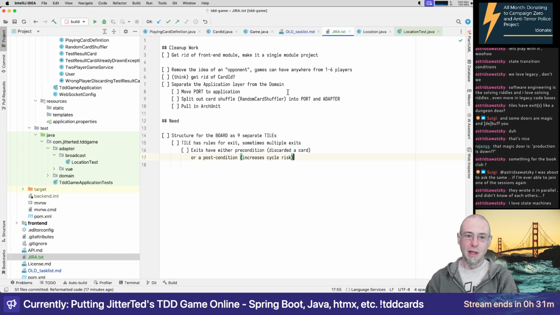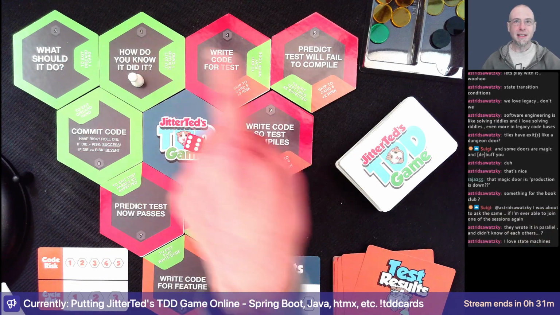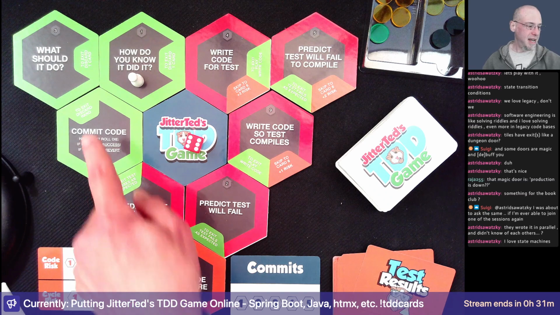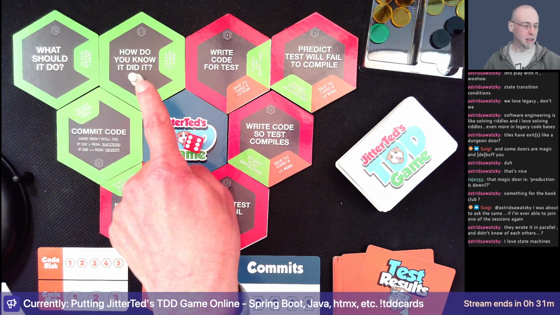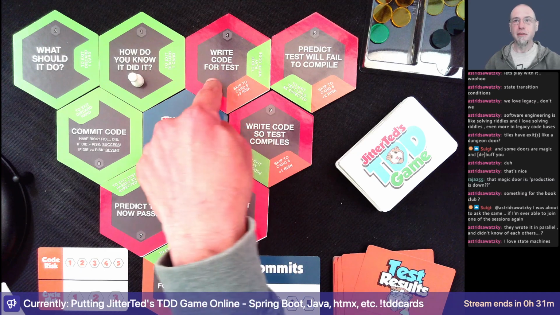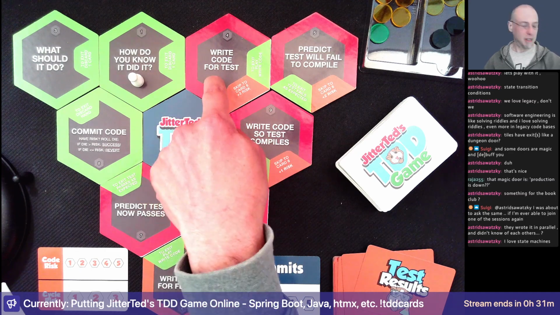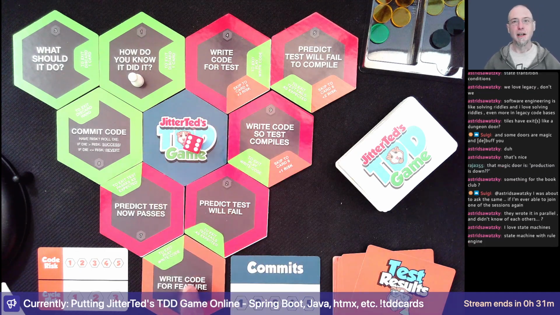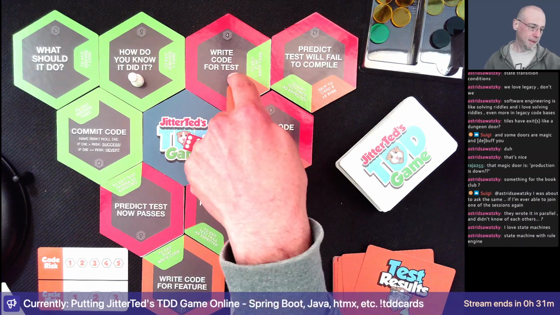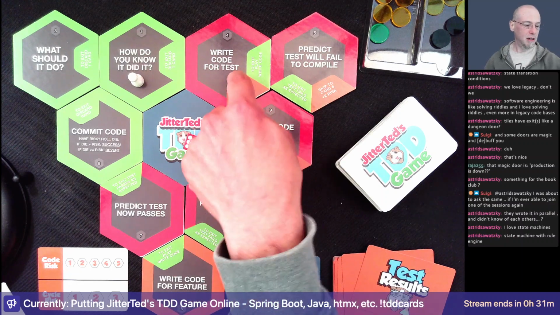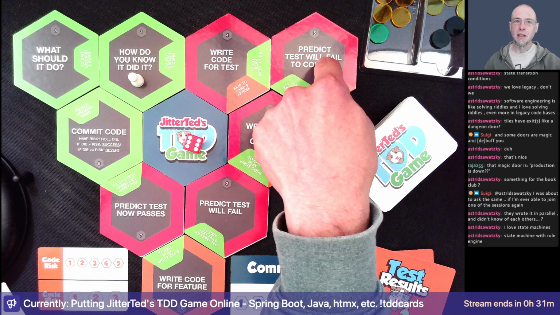And the board is basically a state machine, right? So how do you get from here to here? Well, there's only one thing that can happen. There's only one transition. But once you're here, then if you do skip, that transitions you to here. But if you're here, then you have to play a write code card, so that transitions you to here.